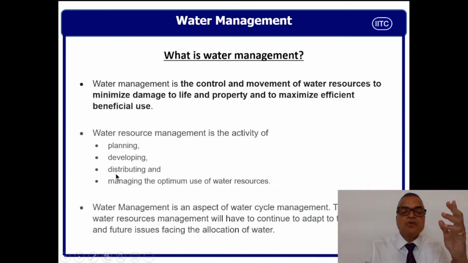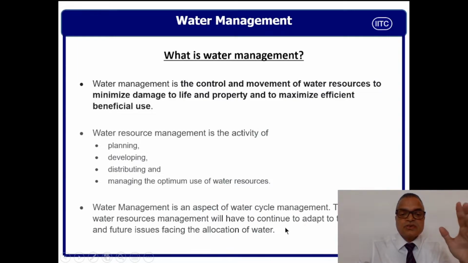Then we will see how we can have a distribution system, network and logistics, so that there is no waste or less waste of water during distribution, so that we can have the optimum use of water resources to prevent losses and to prevent damage to life and property. Correct?